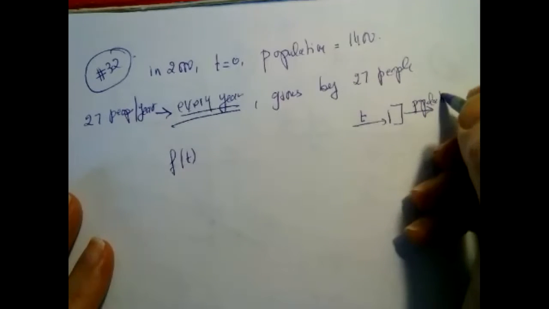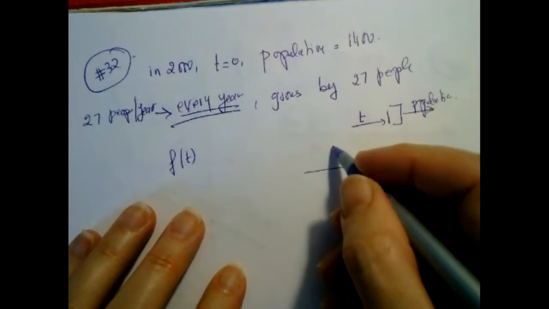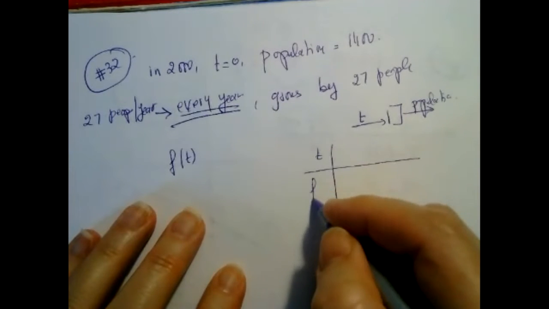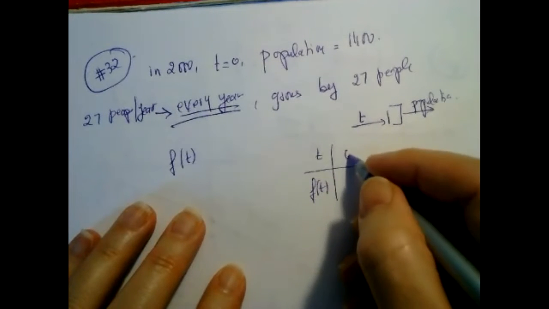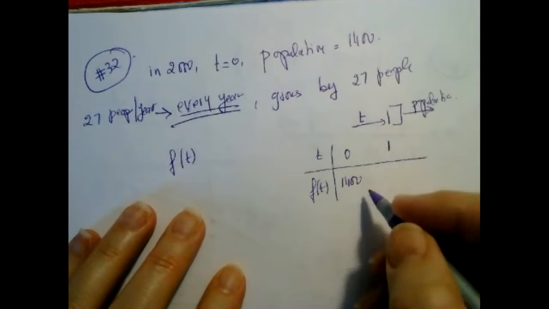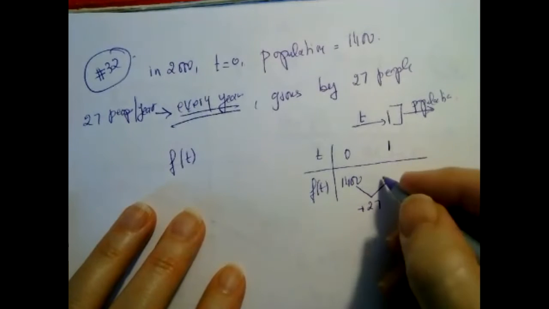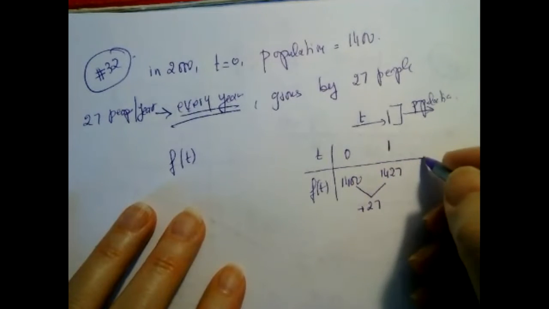That's what F is doing for us. All right, so that's a typical linear function. Initially 1,400. Every year it is growing by 27. That's really what it means.